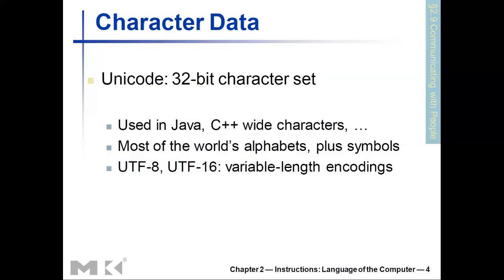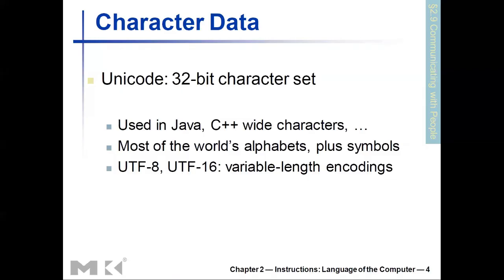But in Unicode, we have 32 bits. I think you can do the calculation and find the number of different characters Unicode can represent. It is going to be a very large number, because these bit numbers are exponential. When you increase 1 bit, the number of characters increases in an exponential way.